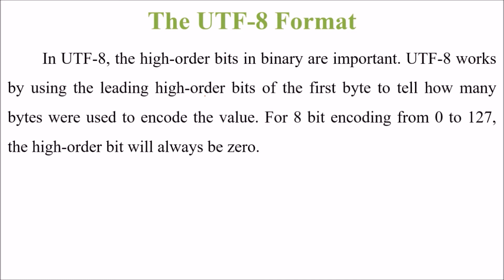In the UTF-8 format, the higher order bits are very important, because UTF-8 works by using the leading higher order bits of the first byte to tell how many bytes were used to encode the value. For example, for 1 byte encoding from 0 to 127, the higher bit will always be 0.